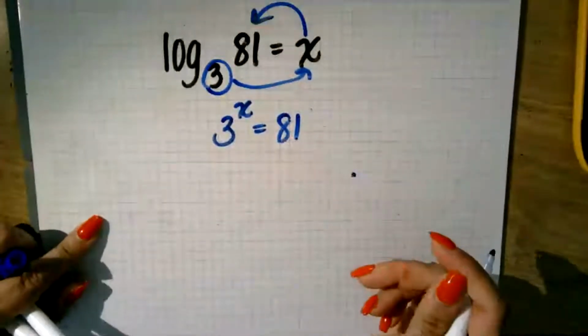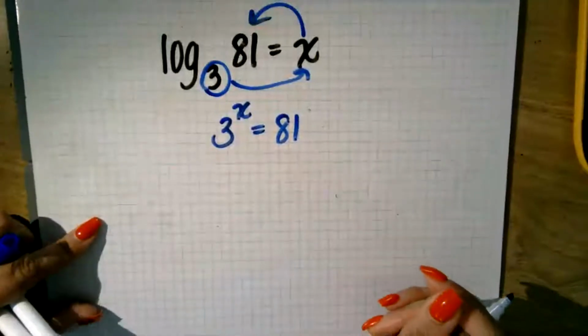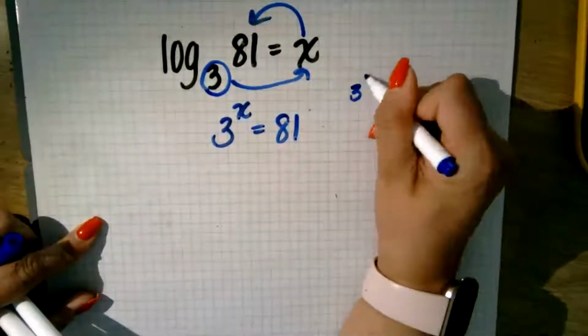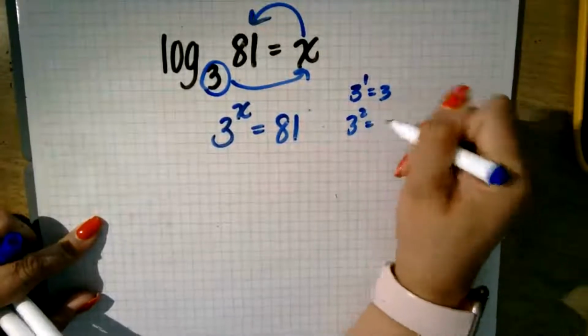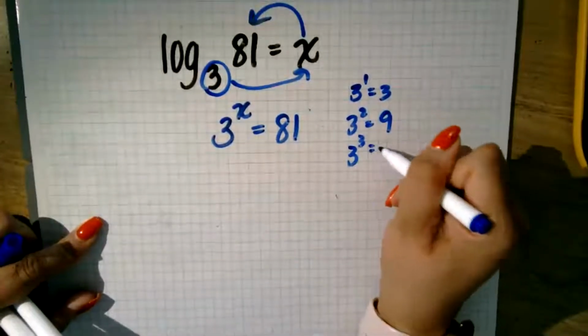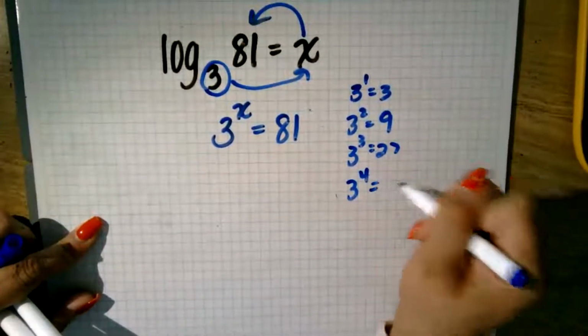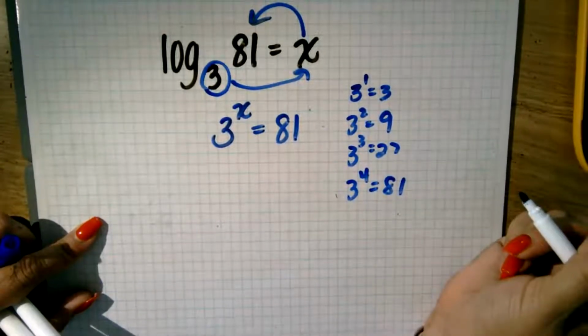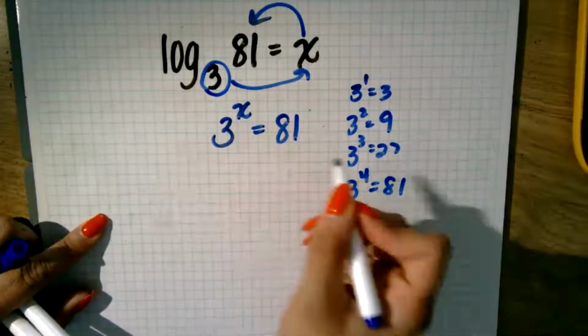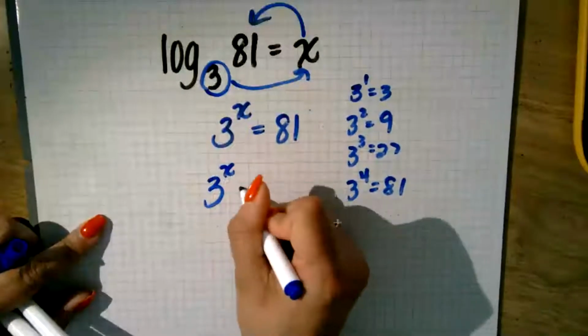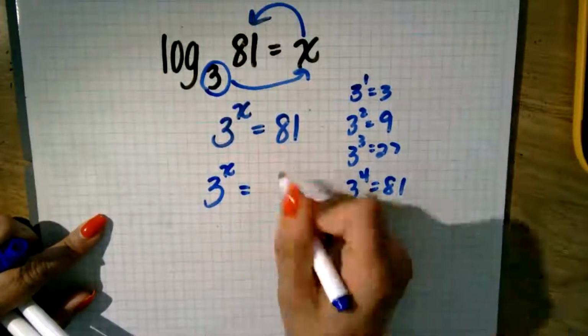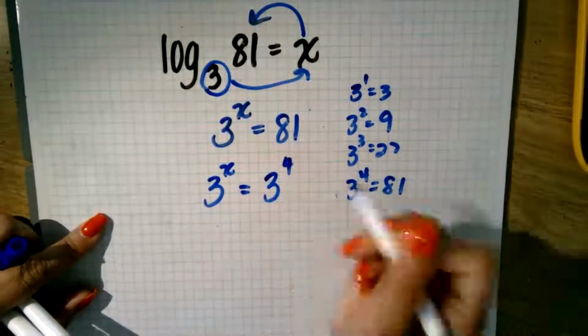Can I write 81 as a power of 3? I sure can. Remember, 3 to the 1 is 3. 3 to the second is 9. 3 to the third is 27. 3 to the fourth equals 81. Yes? So, again, I'm going to rewrite this in terms of the equivalent base. So instead of writing 81, I'm going to write 3 to the fourth.